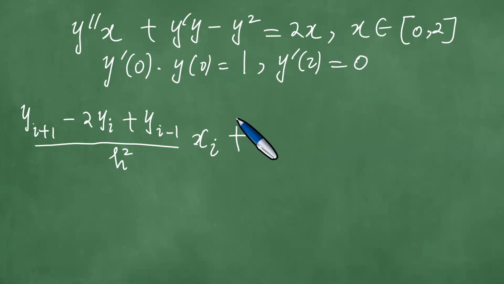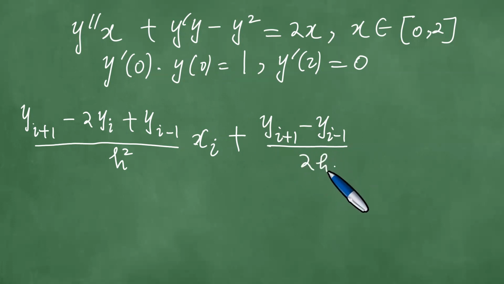Okay, so I'm going to write just one suggestive relation here. Normally we use here y sub i plus 1 minus y sub i minus 1 for this y primed. That is the difference equation we use, and it is always divided by twice h.